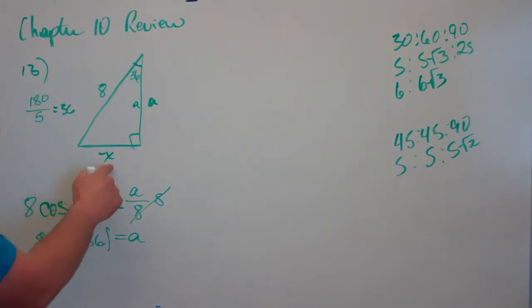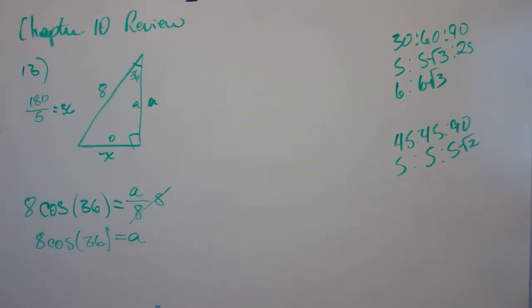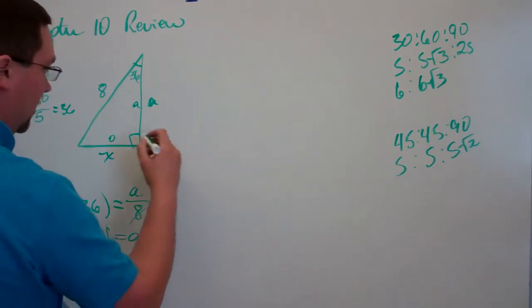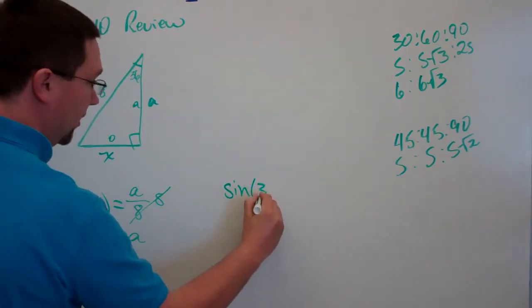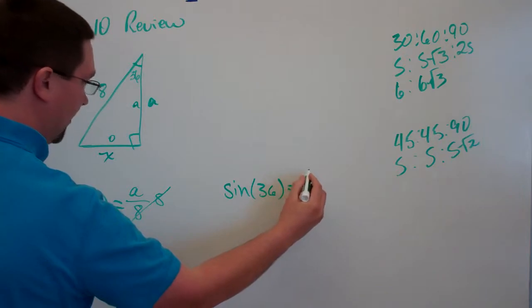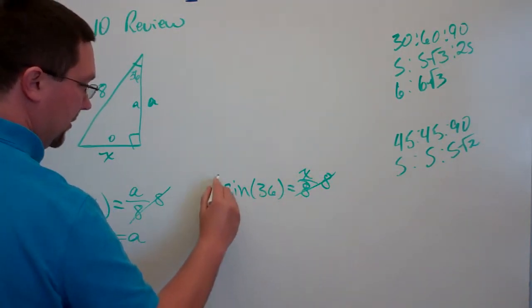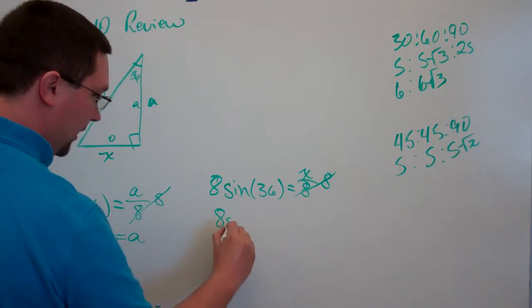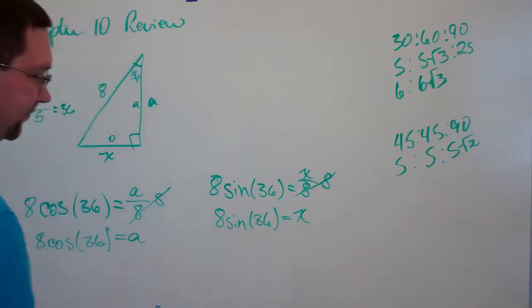Now to find x, since this is on the opposite side of the triangle, x is your opposite side. So opposite over hypotenuse, that's sine. So the sine of 36 equals opposite over hypotenuse. Multiply both sides by 8. So 8 times the sine of 36 equals x.